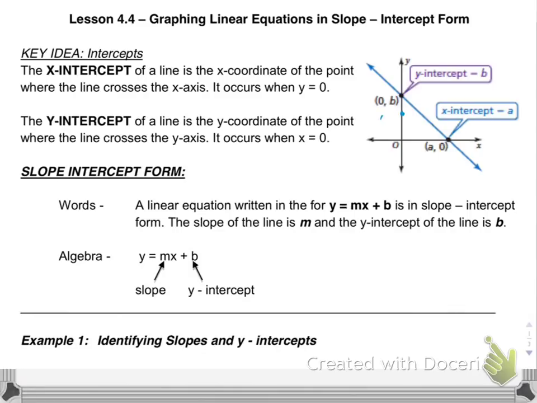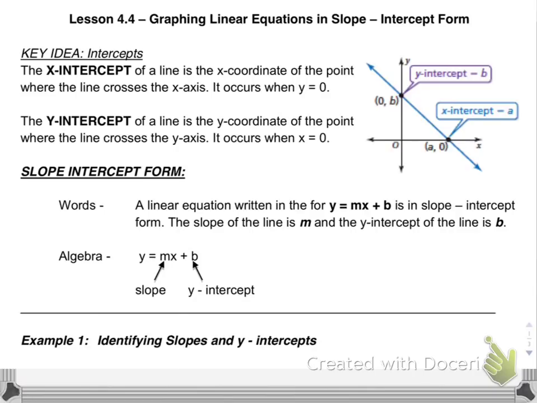So even here, it might be 0 comma 3, or even down here, it might be 0 comma -1, or something like that. So what we know is that the y-intercept and the x-intercept are the points where the line crosses the axes.